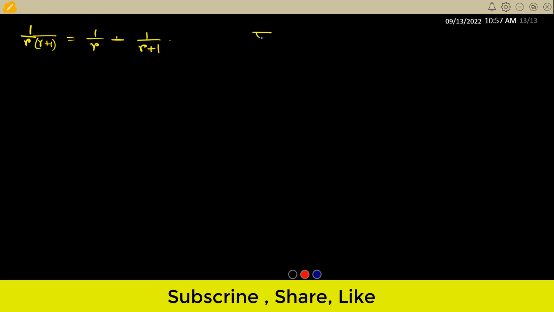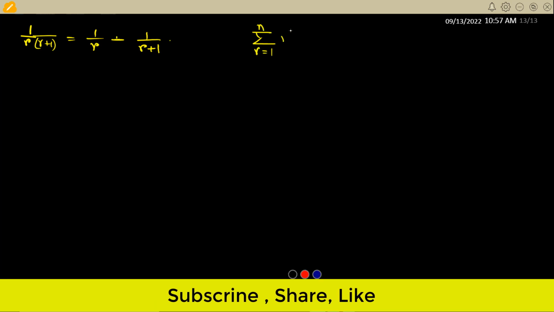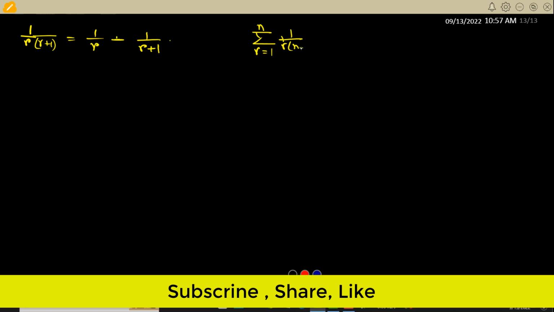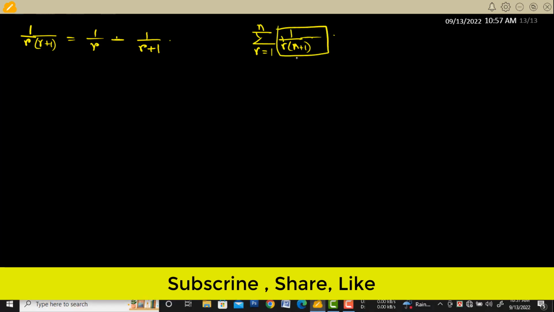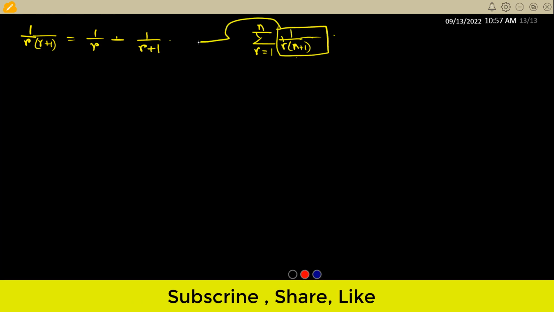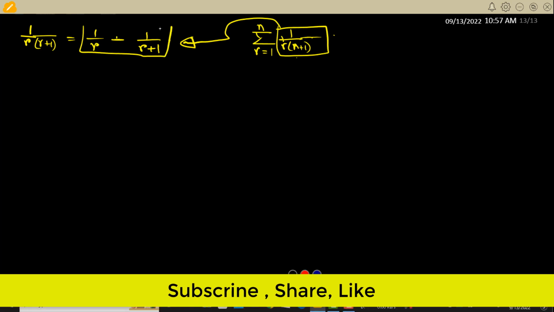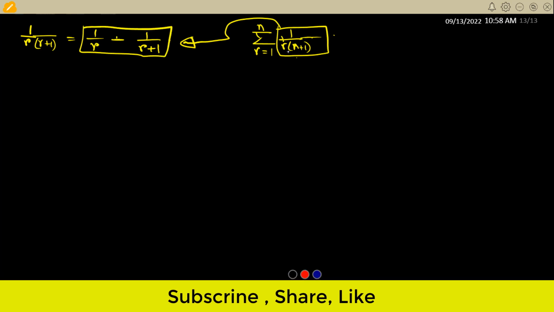Since we have to find the summation from r equals 1 to n of 1 by r into (r plus 1), what is the technique? Since 1 by r into (r plus 1) can be expressed as the partial fraction like this, this is the value of this expression.